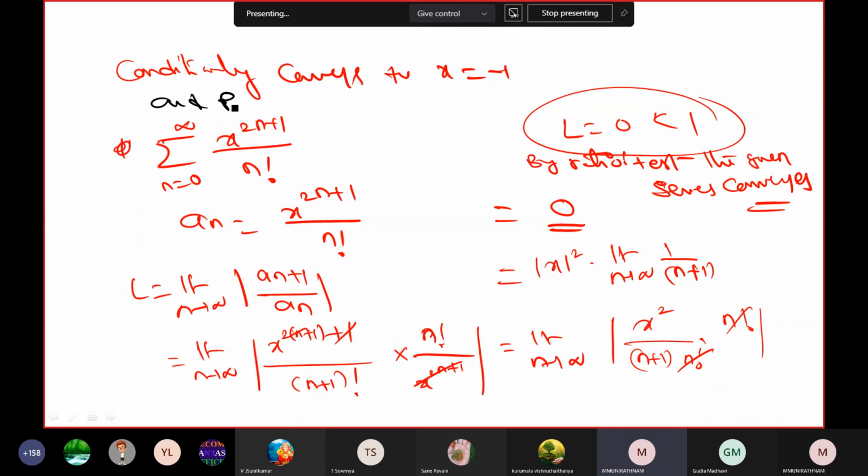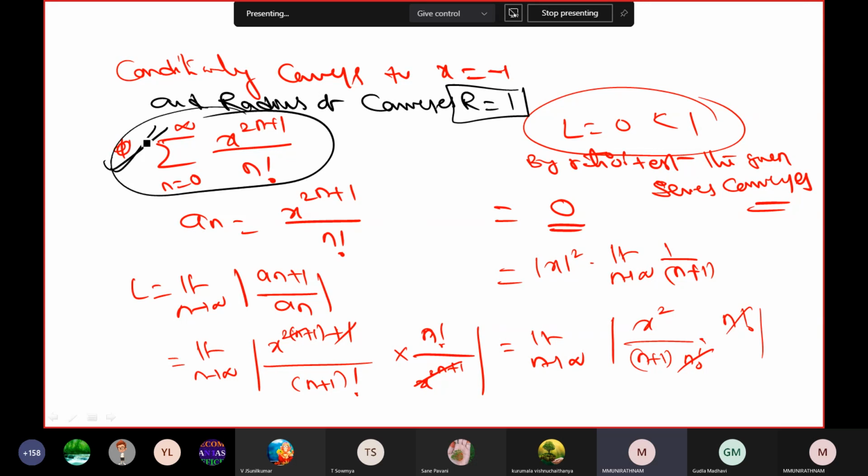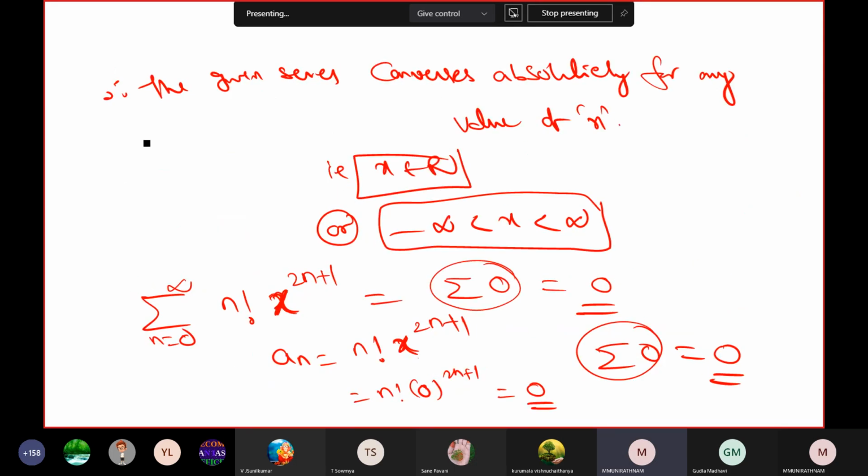And radius of convergence. Now please listen. For this problem, the series converges for any value of x.